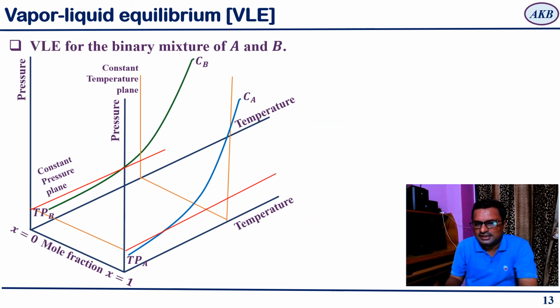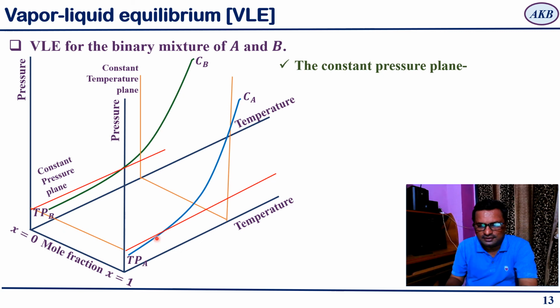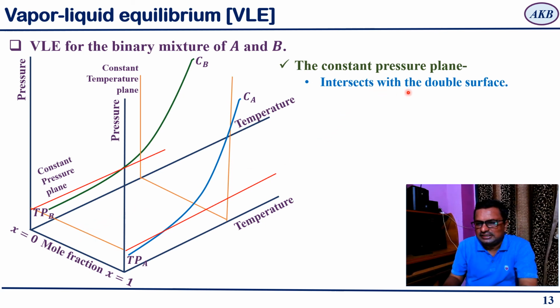Okay, so now let us understand it in detail. The constant pressure plane, this thing. If you are using the constant pressure plane to cut the double surface, what happens? As it intersects with the double surface, it gives a loop curve.